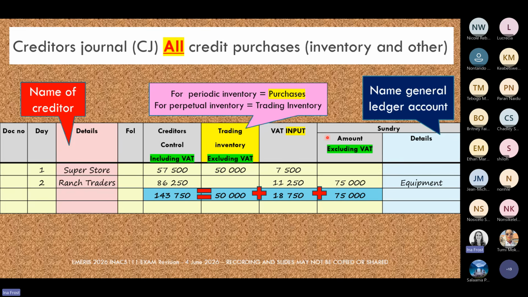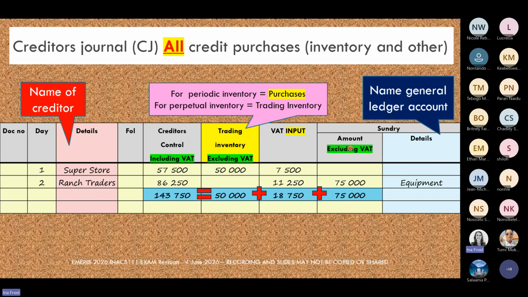So this second columns over here, these sundry columns, they come into use when we're buying other items on credit. Because remember again, your creditors journal is all credit purchases. So if we buy inventory, we have its very own column for that. But if we buy anything else on credit, then we have to use these sundry columns.